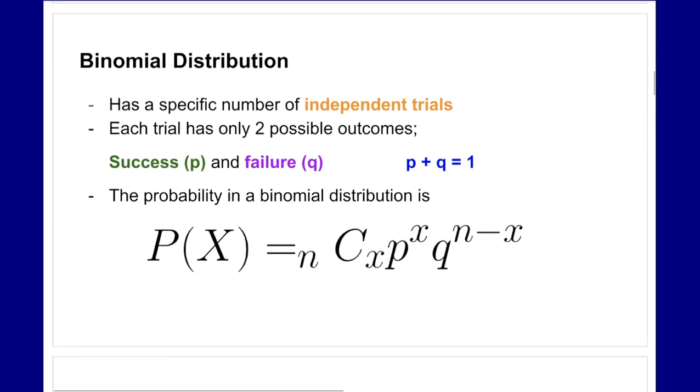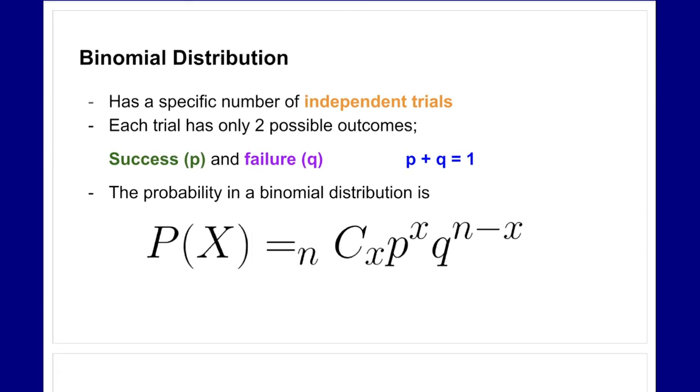And that is basically the characteristics of binomial distribution. Specifically, it has a specific number of independent trials. Again, remember, independent trials means the probability does not change. It is not affected by what happened previously. It is also mentioning there are only two possible outcomes, a success or a failure.